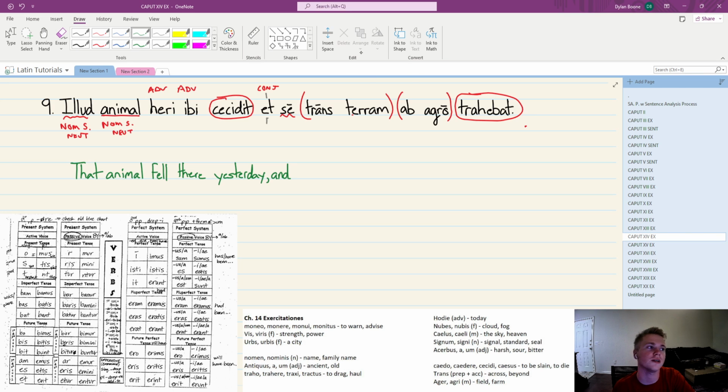It was trahebat, and like I said in that sentence, you can see we've taken the re, dropped the re off of trahere, to drag, and added a bat. So we're over on the far left, middle, imperfect side, singular, third person, and it was dragging.